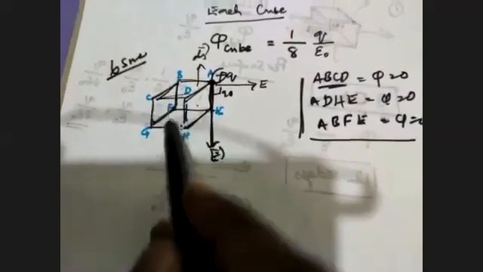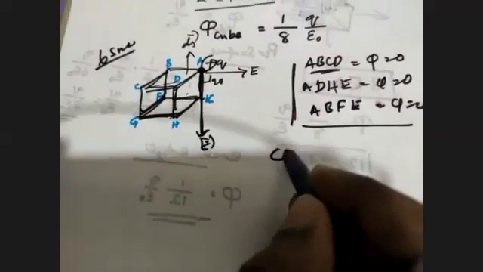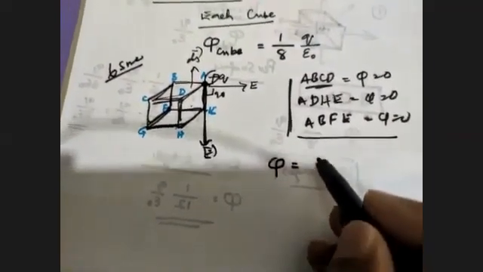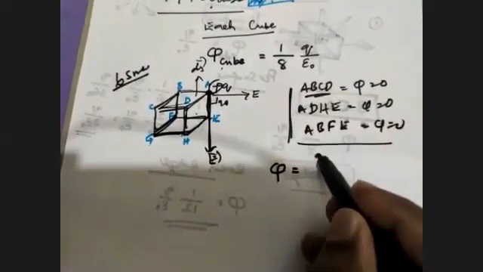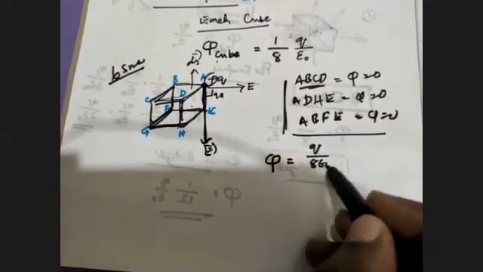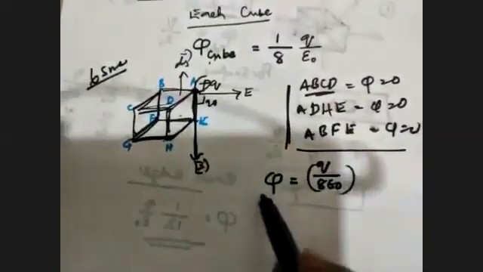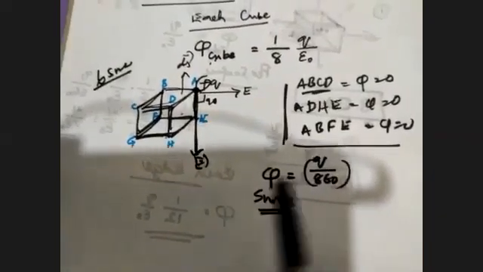For the remaining surfaces, this one and this one and the one we are facing, in these 3 surfaces only flux will be there. That's why the formula becomes: the flux we are calculating from each cube is Q by 8 epsilon naught. This is from each cube. In this cube, how many surfaces now have flux?